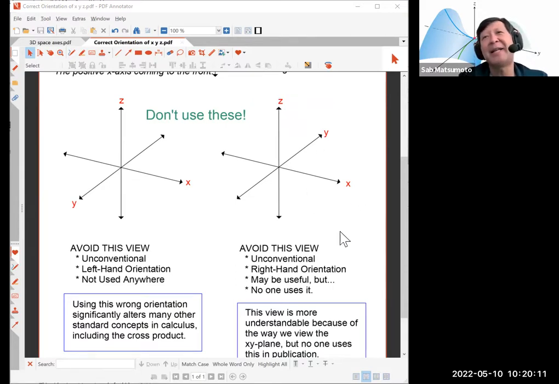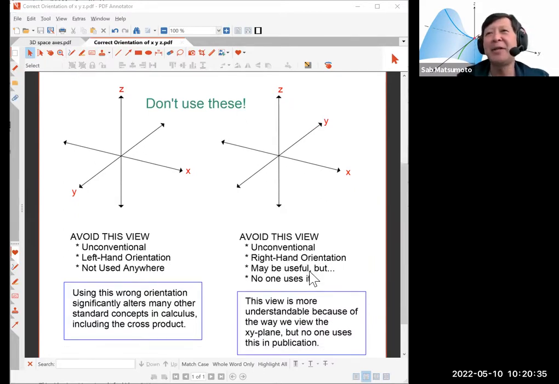I can have a little sympathy toward this because this is the way we have seen the X and Y axes all throughout your calculus and pre-calculus courses, right? X goes this way, Y goes this way, and it is the right-hand orientation, but this is not conventional. And again, textbooks do not use this. Professional papers do not use this orientation.